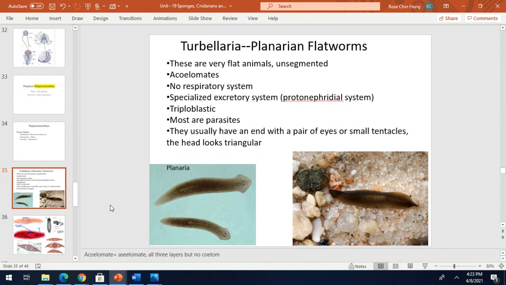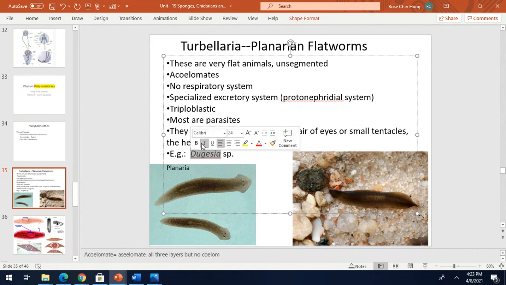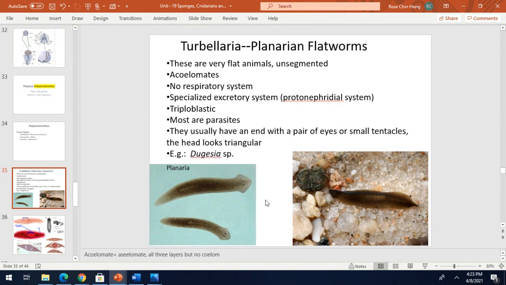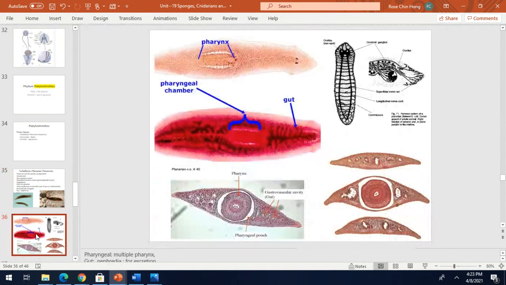Dugesia is our example. Let me see if I can add this in, since we are not doing our class work. Dugesia species. Here you have to add more stuff than what I had before when I did it in class.